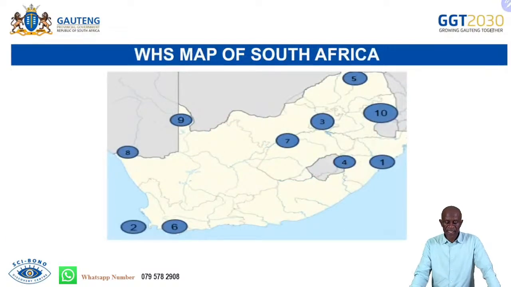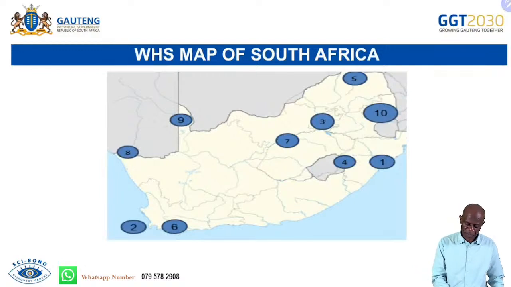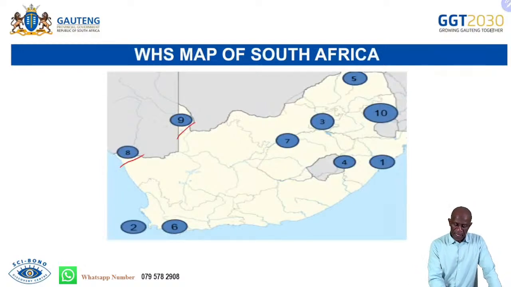So here is the distribution in South African provinces. As you might realize, some provinces will have more than 1. If I have to give an example here, as you look at the Northern Cape, that is 8 and 9. There are 2 World Heritage Sites. The Western Cape, also you have 2 World Heritage Sites.